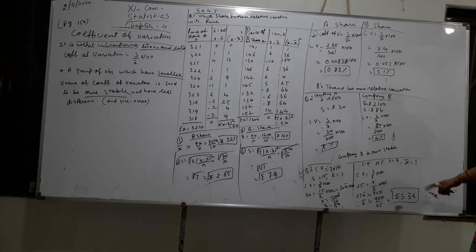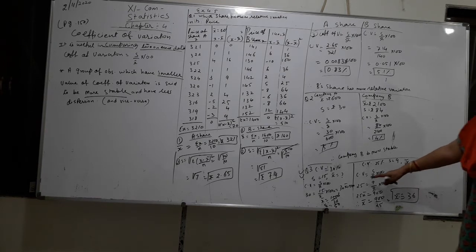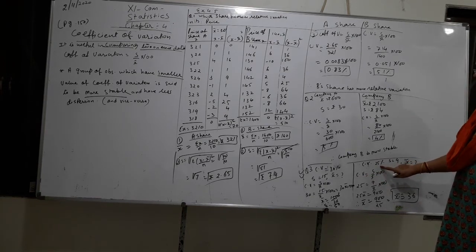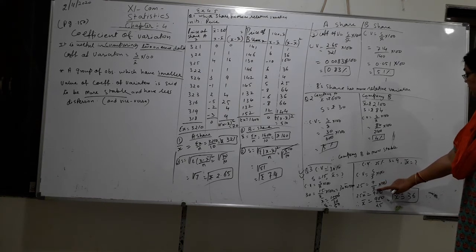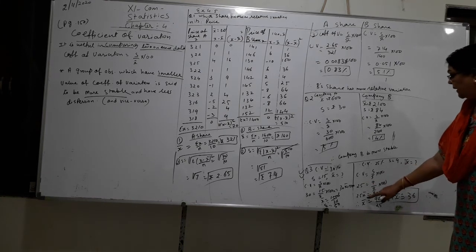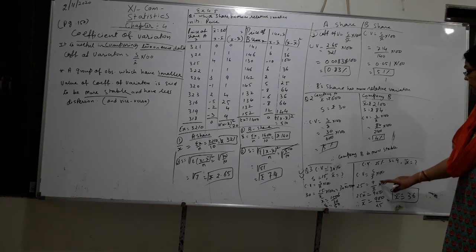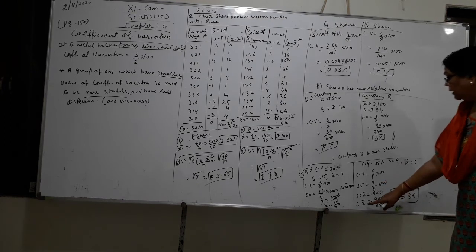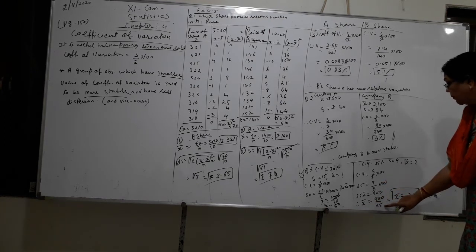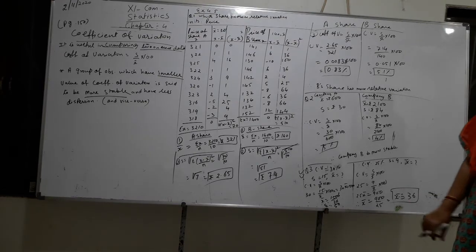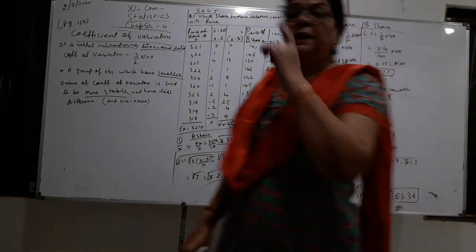Okay. And here also, children, same. The coefficient is 25%, meaning CV is 25. S is 9, and x bar you have to find. Cross multiply: 25 x bar equals 9 multiplied by 100, that is 900. So x bar equals 900 upon 25. So you will get 36. The last sum is important.